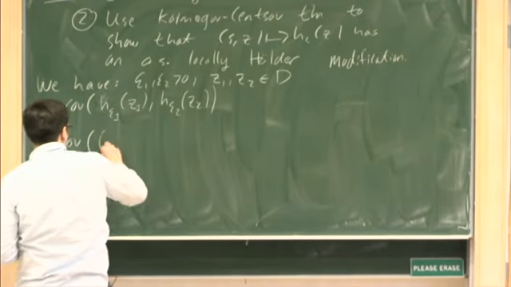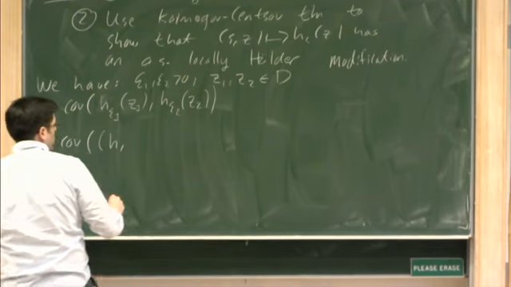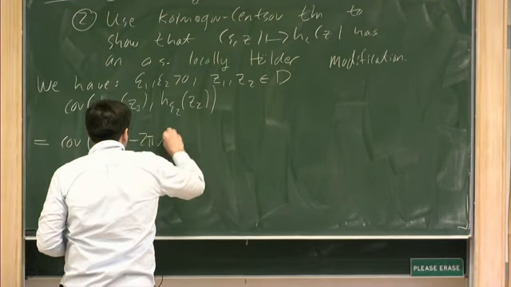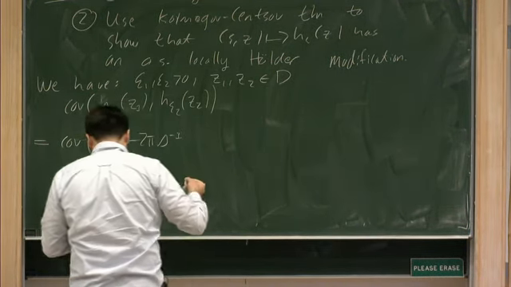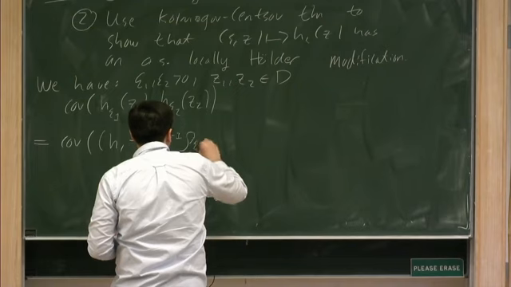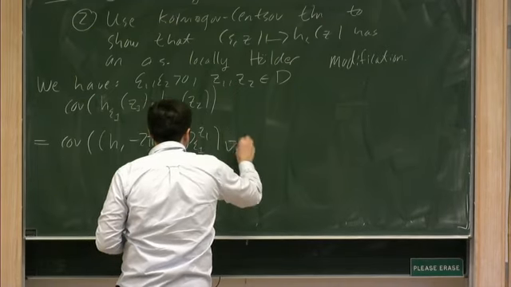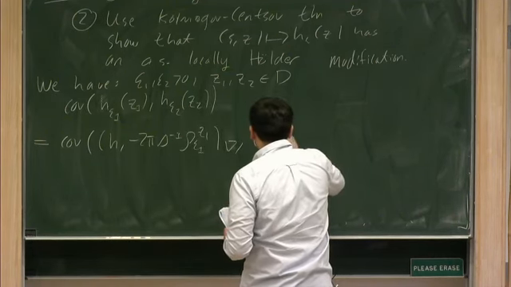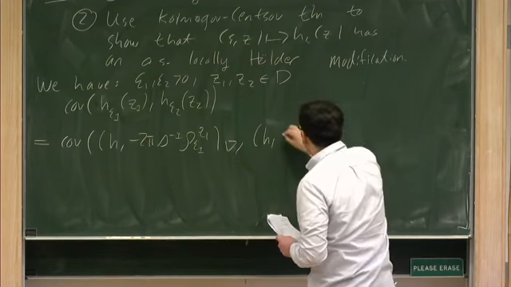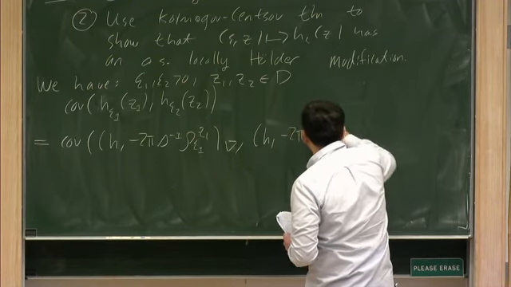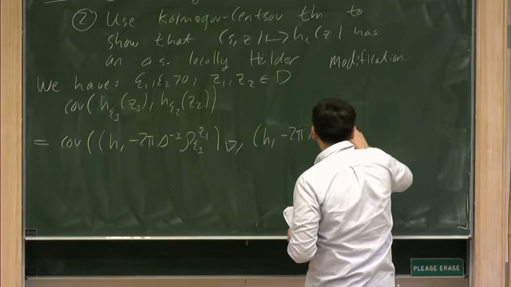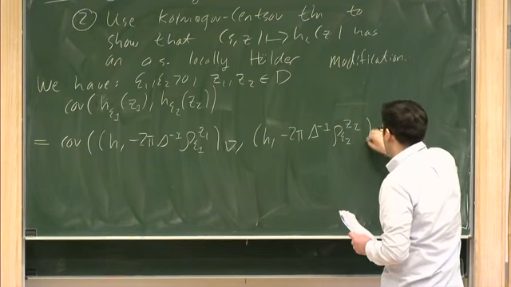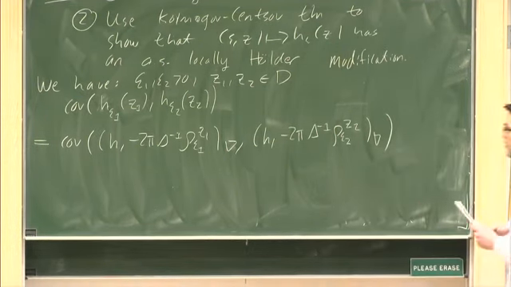And the first one, remember, is the same thing as the Dirichlet inner product of h with minus 2 pi times the inverse Laplacian of this measure. And the second one we can write similarly as the Dirichlet inner product of h with minus 2 pi times the inverse Laplacian of the uniform measure on the second circle, like that.